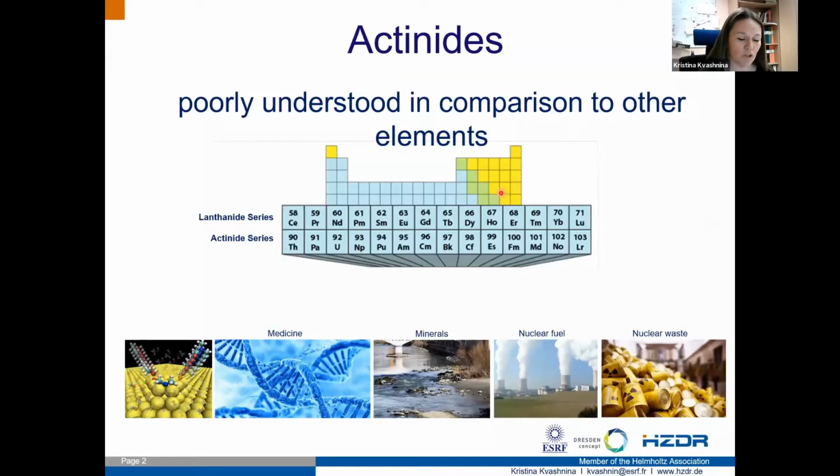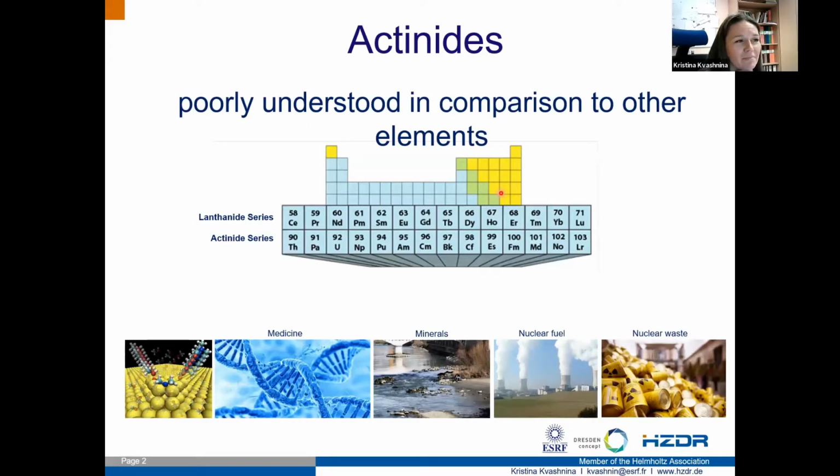I'm going to talk about actinides, which are situated at the bottom of the periodic table. And in fact, if I compare how much we know about actinides compared to other elements in the periodic table, like for example transition metals, I would say we know much less about them.